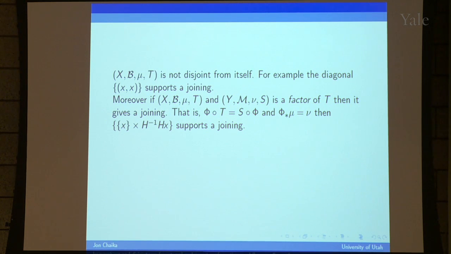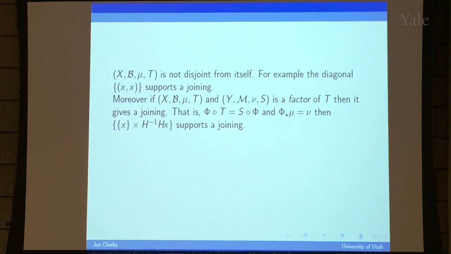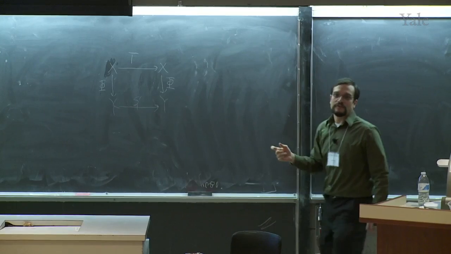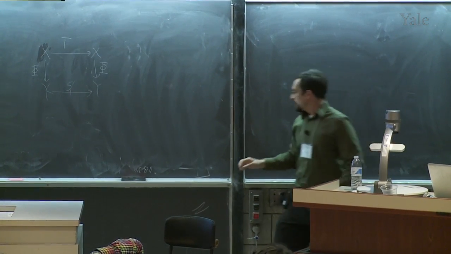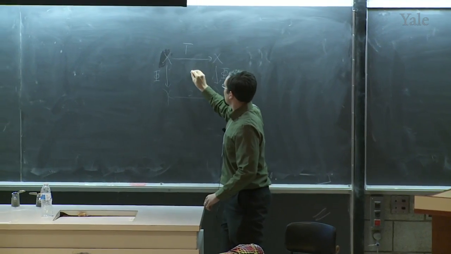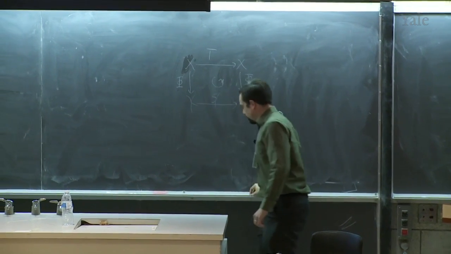That's saying that S is a factor of T, and phi is the factor map. It's a kind of simpler thing. You're possibly forgetting some data with phi, and seeing what's left is just S. Does that make sense, what a factor is? Yeah, and you want this diagram to commute.